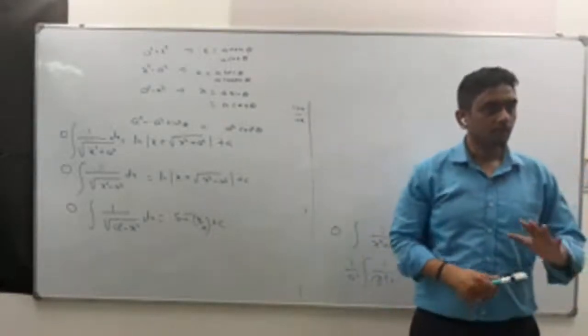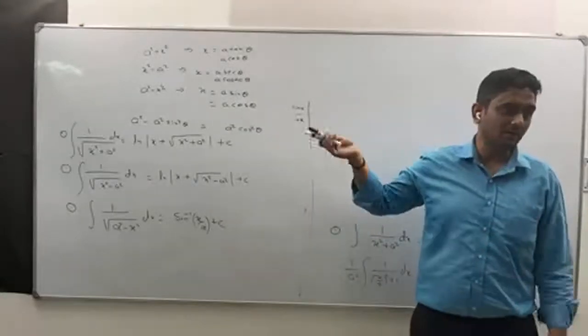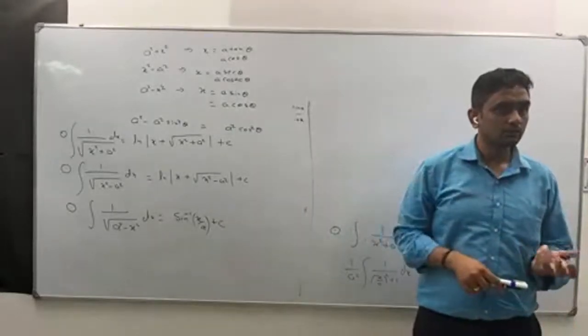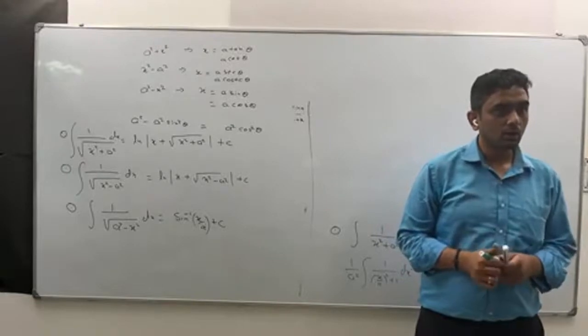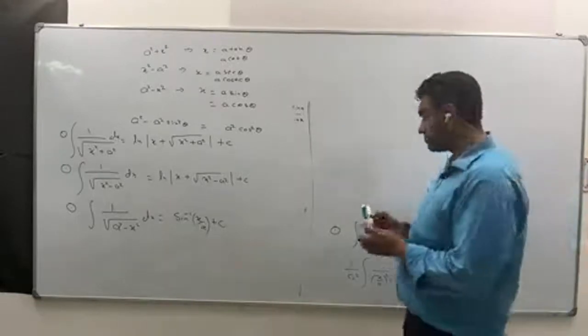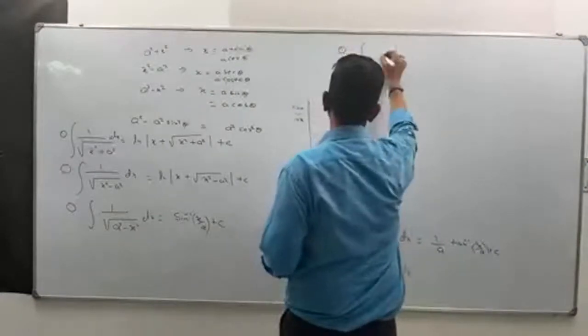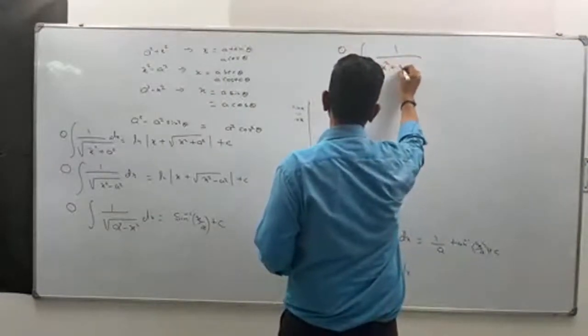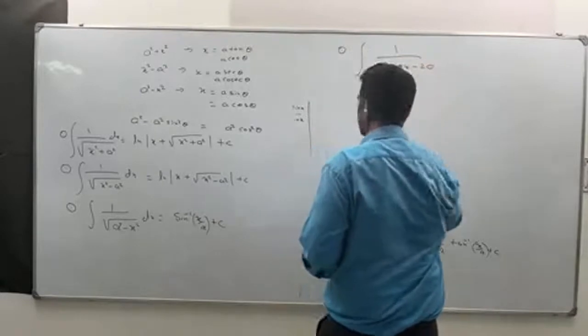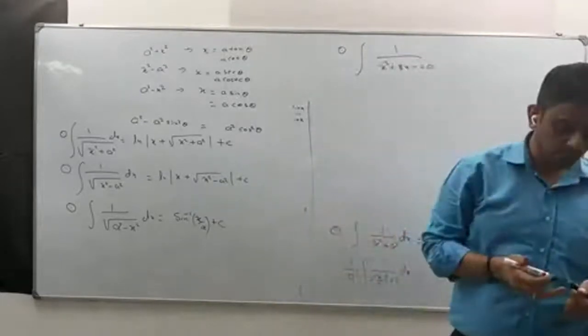All right. Now obviously the question will not be directly this; you have to do some kind of change or adjustment. If you like, I'll write down a random question so we'll see how to do this. Let's say I want to integrate 1 by x square plus 8x minus 20. Now, it is not the direct formula.